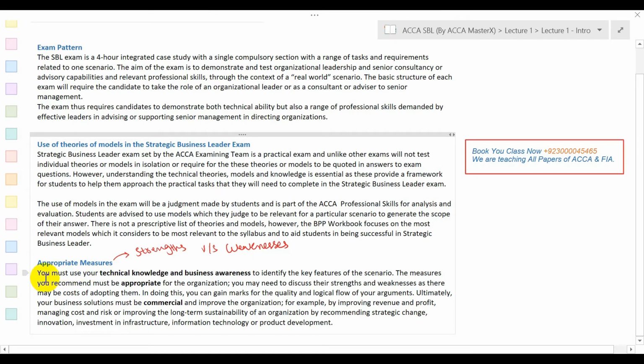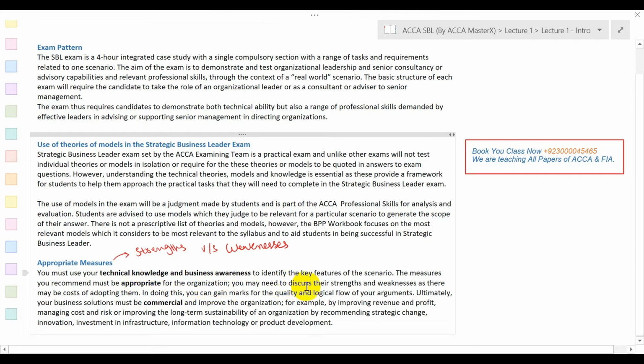Now, let's read it. You must use your technical knowledge and business awareness to identify the key features of the scenario. You will have to find out what is going on in the scenario, what is wrong, and what should be corrected. The measures you recommend must be appropriate for the organization, of course.